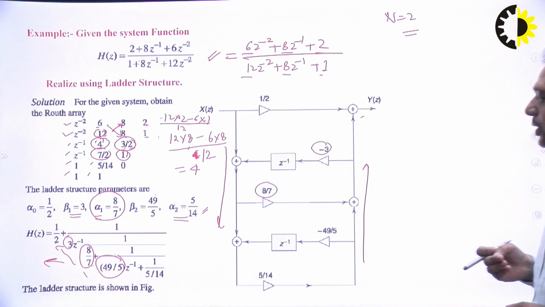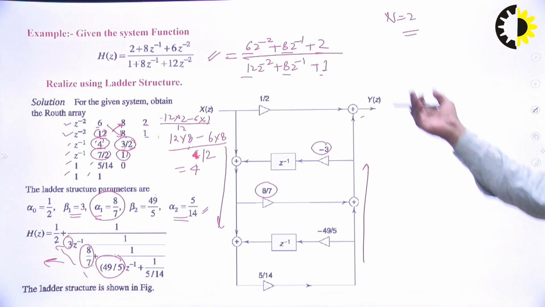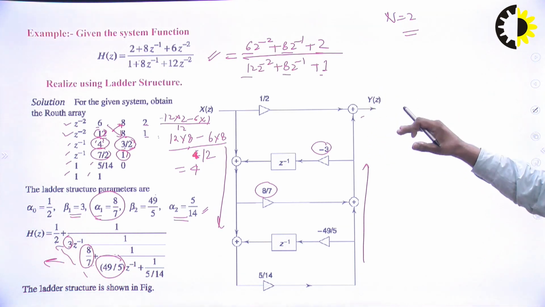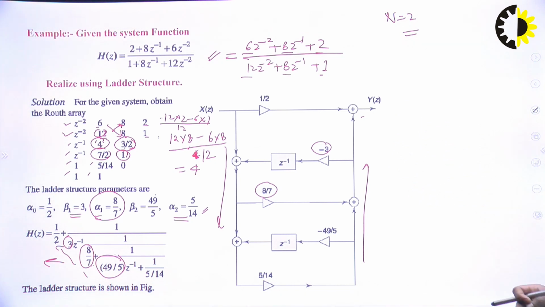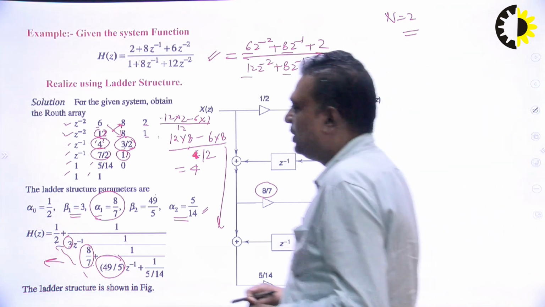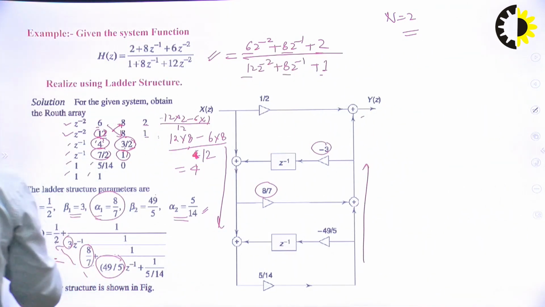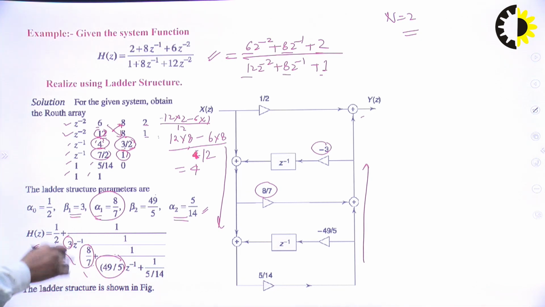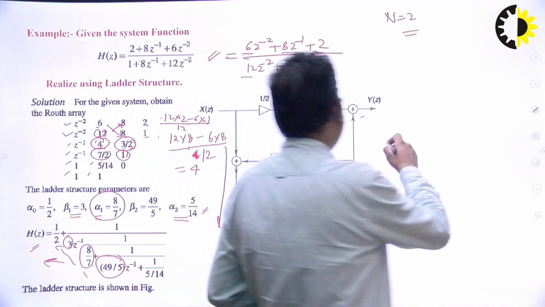So first we make a Routh array, then we obtain the coefficient values. With the help of those coefficient values we obtain the system function H(z) in continued fraction expansion form, and after obtaining the coefficients and continued fraction expansion form, we can draw the structure like this.